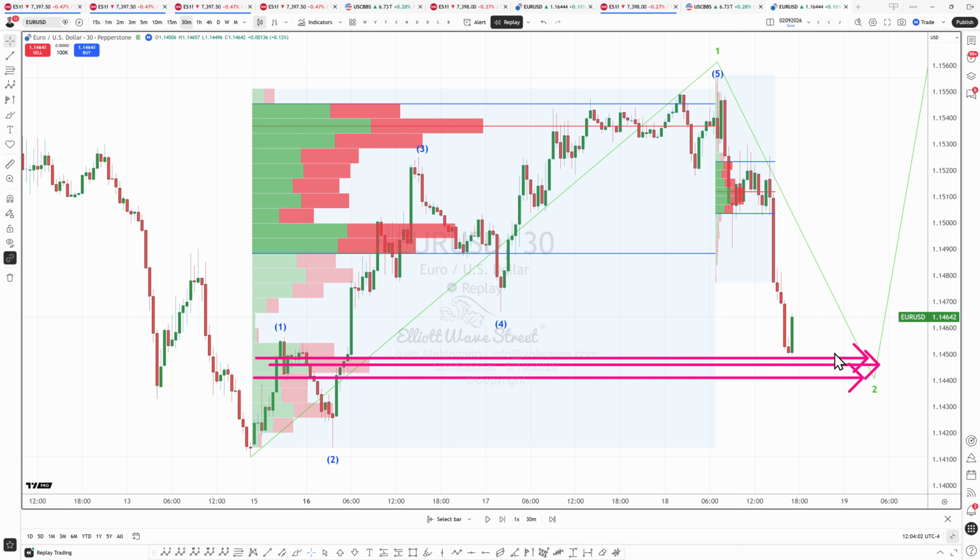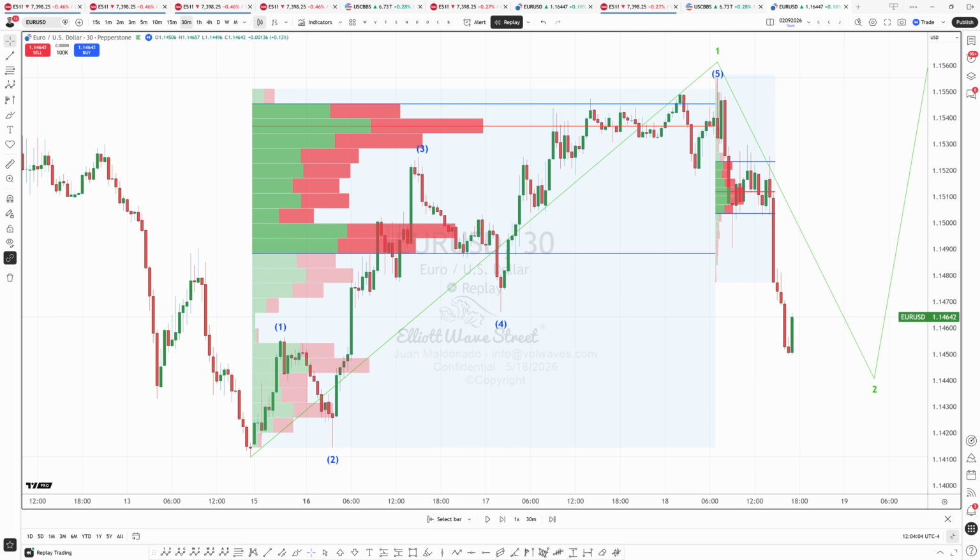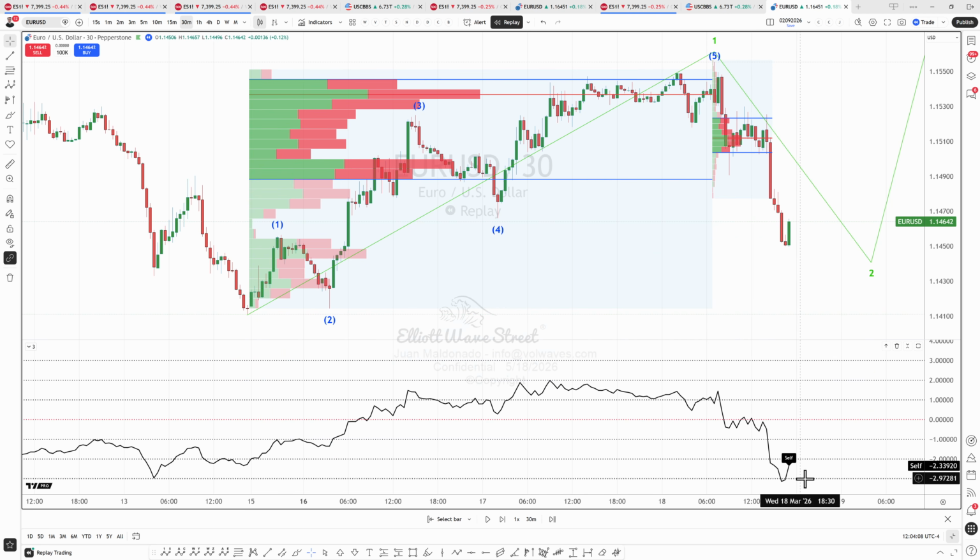trading before. And also, it's important to highlight that with the Volwaves indicator, we got to the -2 area. The price cycles from below the -2 area to above the +2 area.